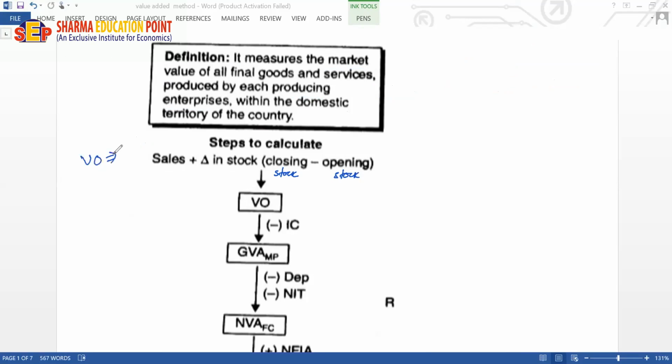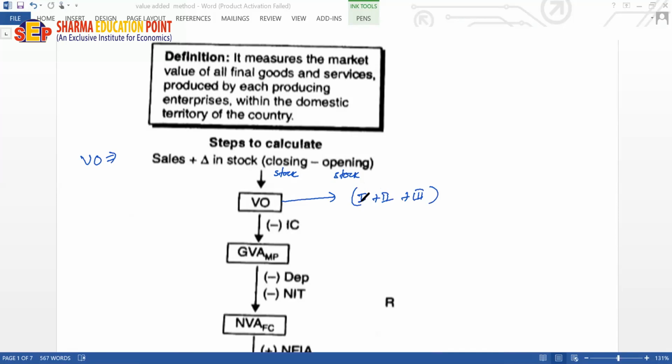Now, point to be noted, the value of output should be of each firm. Each firm here refers to the primary sector, secondary sector and tertiary sector. So all three sectors' value of output you should have.